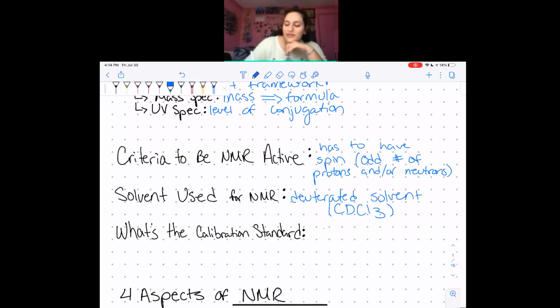The calibration standard is TMS, which is tetramethylsilane, and it looks like this. And this is our 0 standard, aka very shielded. So that's the intro to NMR.